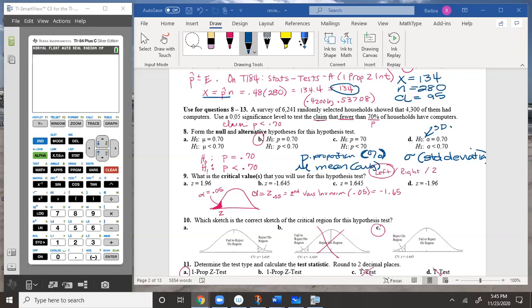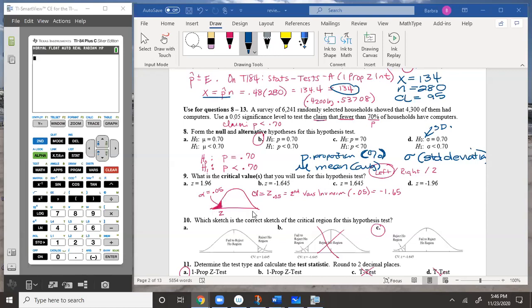So we're going to look up the critical value for an area that is, let's see, it says a 0.05 significance level. And the fact that this is fewer or less than, this is going to be a left tail test. All right, so since we have this less than, it's going to be a left tail test.